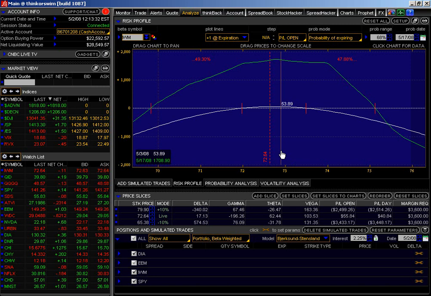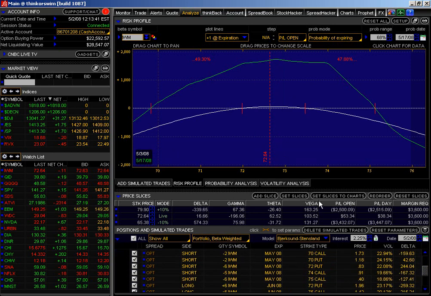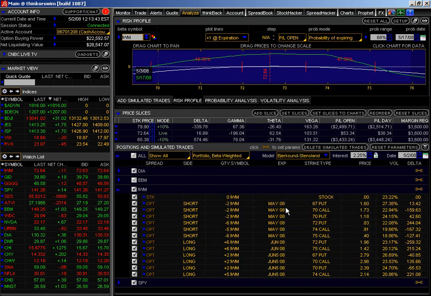The second thing I want you to be aware of is something called overlapping trades. Let's take a look at our inventory again for the IWM. As you can see, we have a number of different positions here. Most of these are calendars and double calendars.